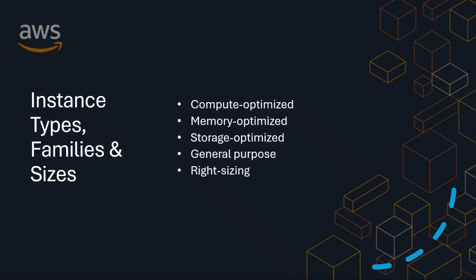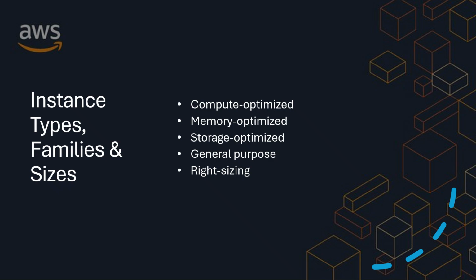To reduce the compute cost, selecting the correct instance type and family is essential. General-purpose instances serve most workloads, but compute-intensive jobs work better on the C series, while memory-heavy applications benefit from the R or X series.